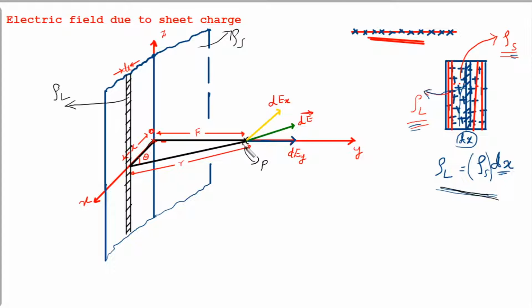If you remember the electric field intensity due to an infinite line charge which we derived in the previous video, what do we do? From the line charge or point charge, we draw a line to point P, then find the distance, and we know that electric field intensity is inversely proportional to distance. So here also I am doing the same thing.